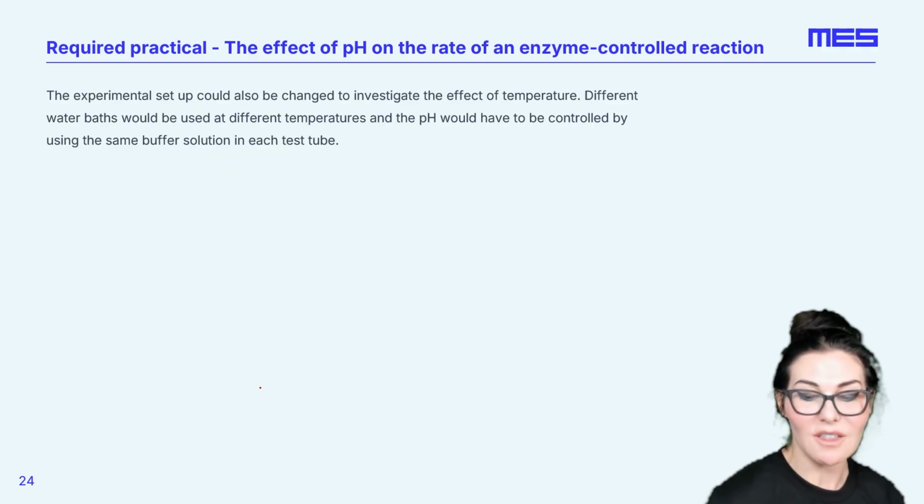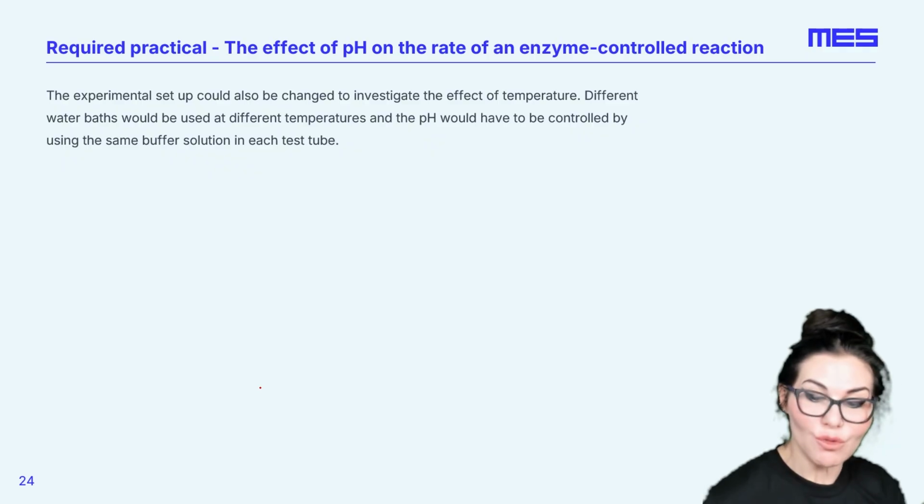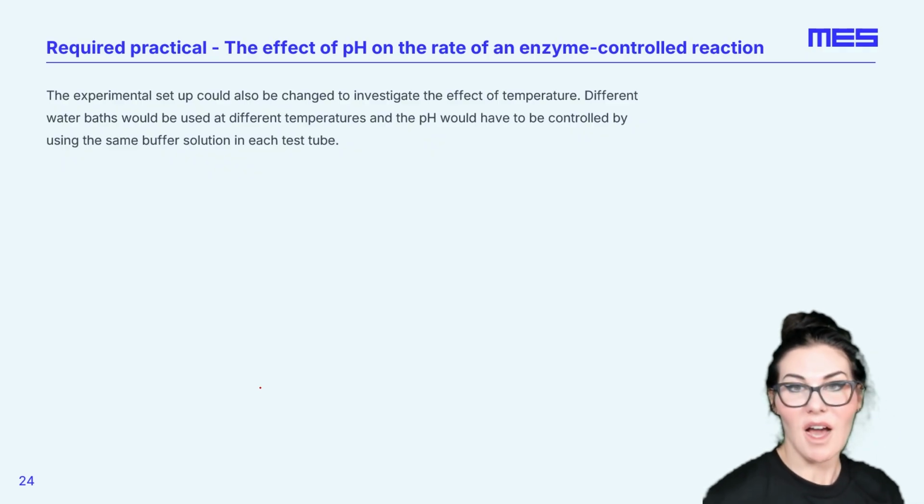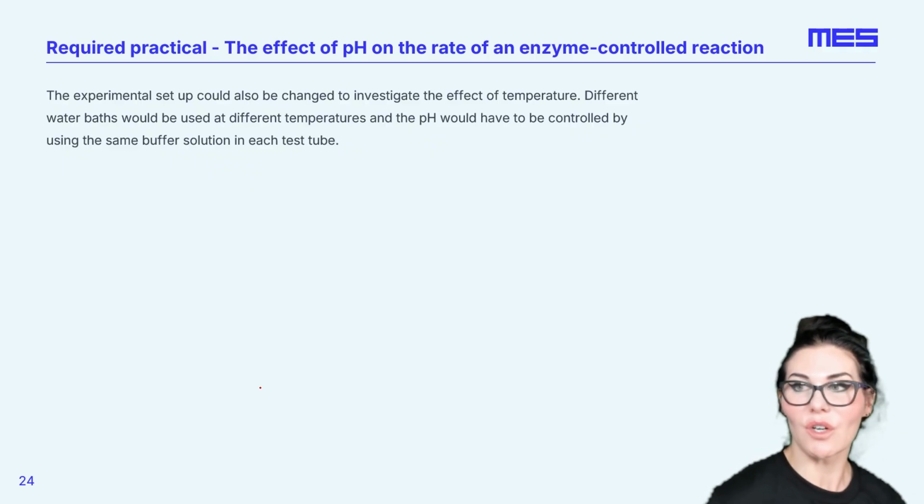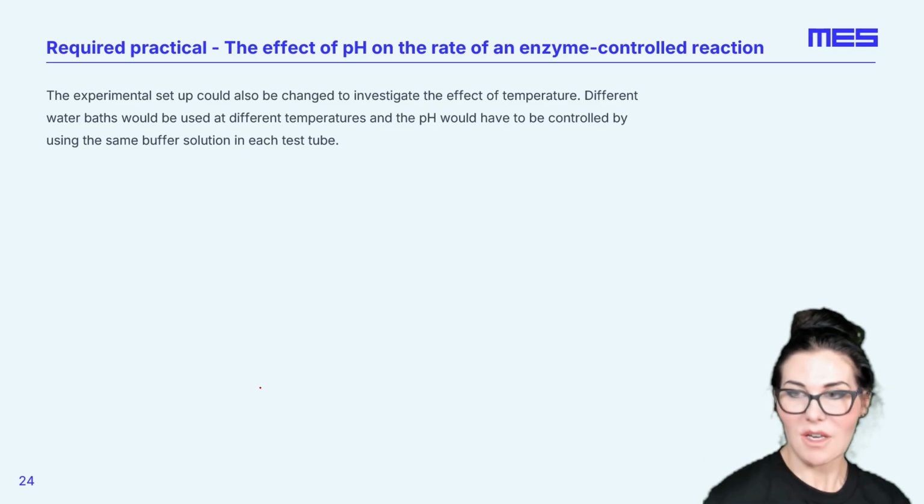But you would still carry out the practical in the same way, putting drops of the mixture into the iodine to see at what point the starch disappears. So you can twist the experiment in different ways to investigate different factors that affect the enzyme's rate of reaction.